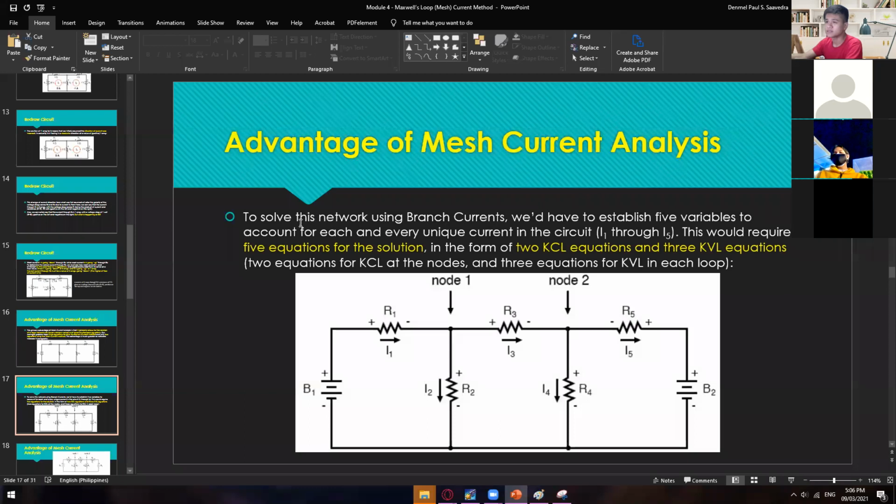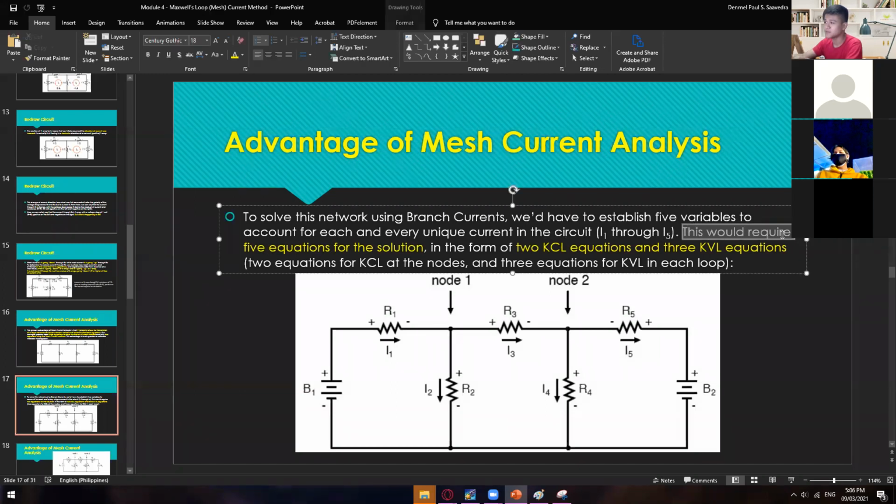So what else? Solve the central function. All right, so just like what I was saying a while ago, if you're going to use the old way, you will get 5 equations in here: two KCL equations and 3 KVL for this one.